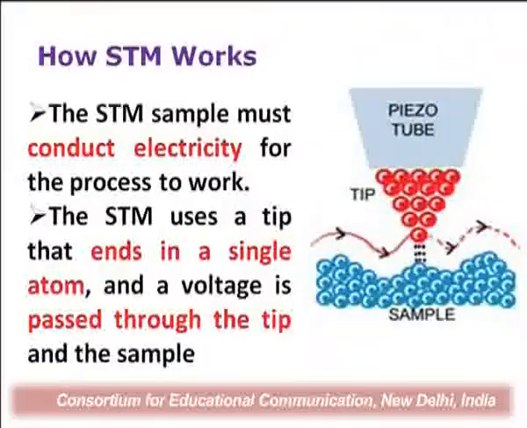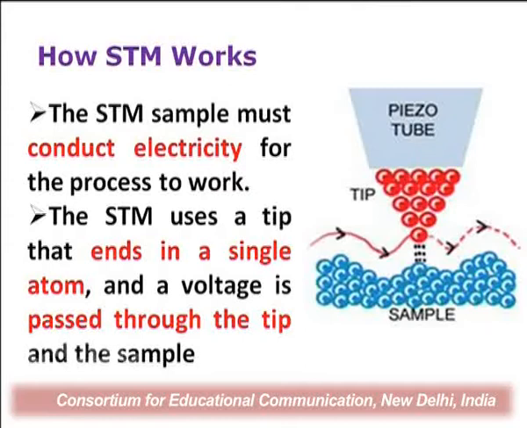And how does the scanning tunneling microscope work? Here on the right hand side we see a diagram. There is a piezo tube, and below the piezo tube there is a tip, and the tip is just a distance above the sample.